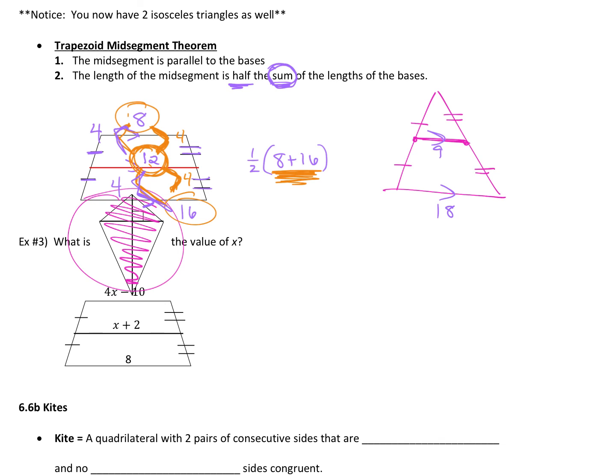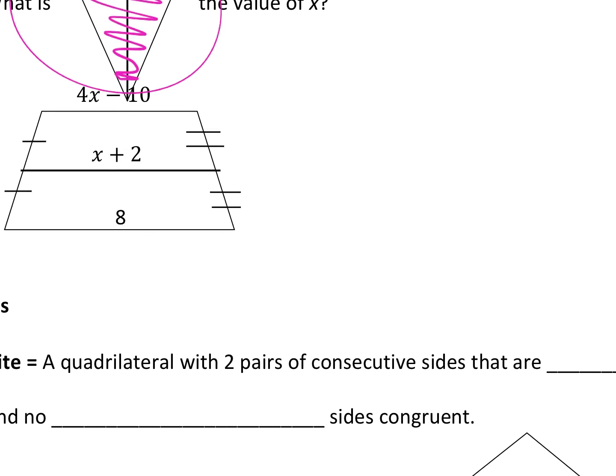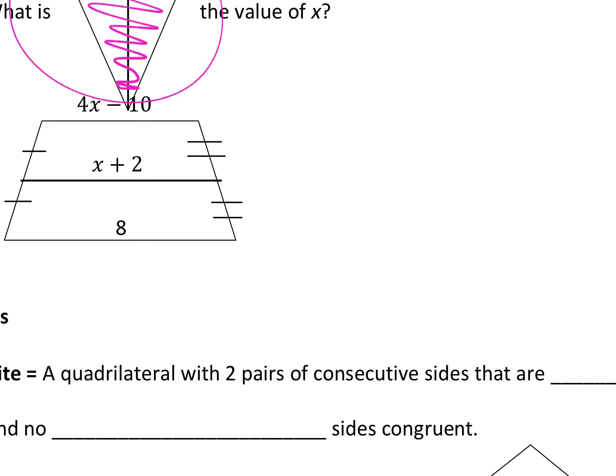Okay. So now look at example 3. This is fancier, right? Now you don't just have a number, you have an expression and a number and another expression. How can you set this up to solve the problem? We said the midsegment is half of the sum of the two bases. Which one's the midsegment? 4x minus 10, x plus 2, or 8? x plus 2. So the midsegment equals half of the sum of the two bases.